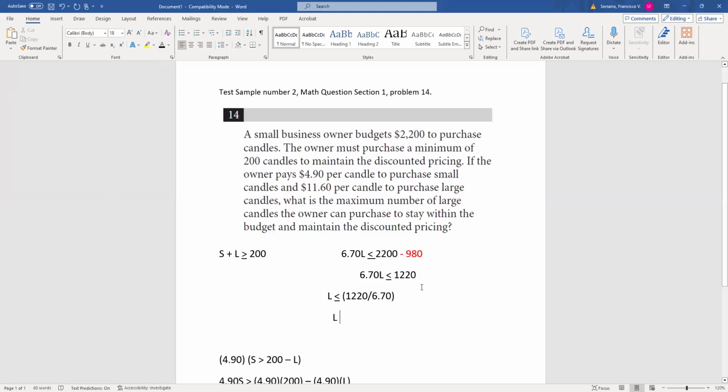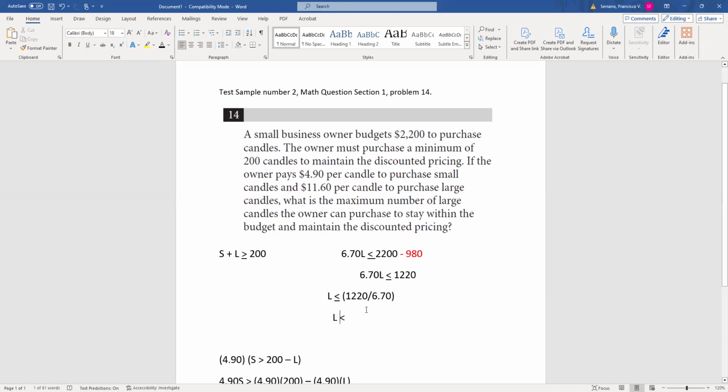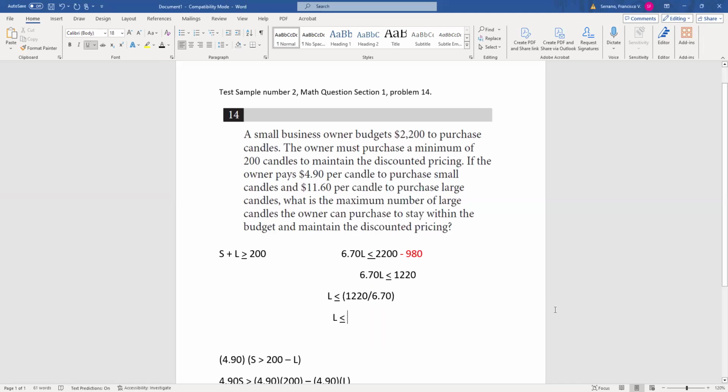So L has to be less than... So 1220 divided by 6.70 is about 182.09. Now they don't sell you 0.09 of a candle.